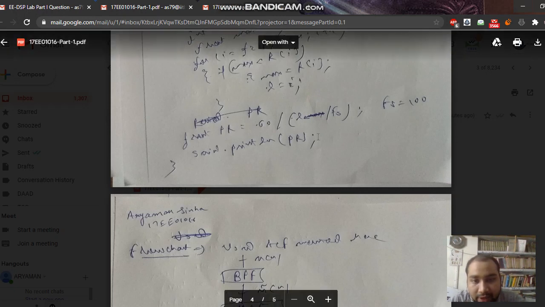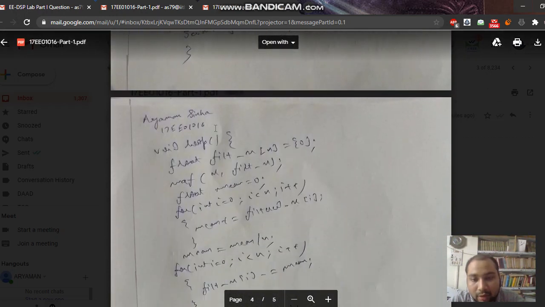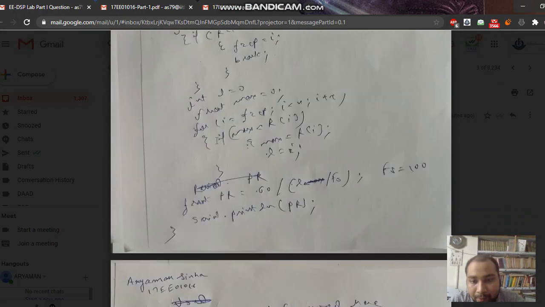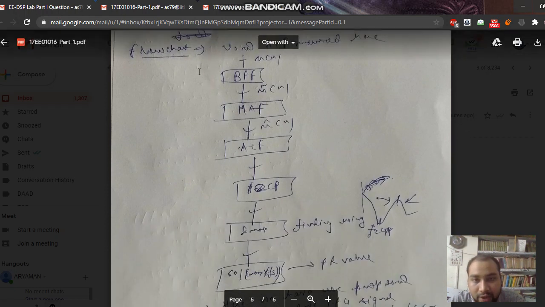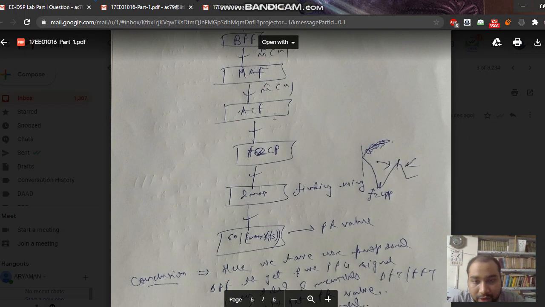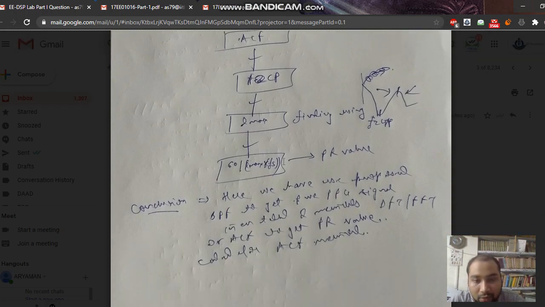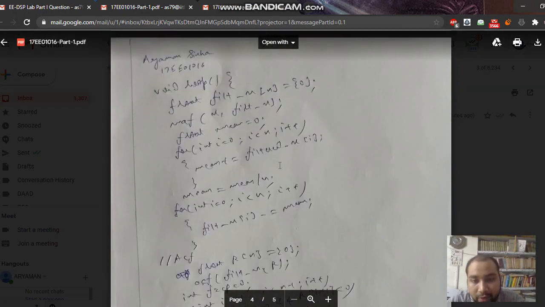We can print that value in the void loop, where it will be printed again and again. If you want, you can do it outside the loop. The flowchart depicts the same methodology: we propose the bandpass filter, moving average filter, autocorrelation function for zero crossing point calculation, then Lmax finding, and after that the pulse rate value. In this we have coded only the autocorrelation function.